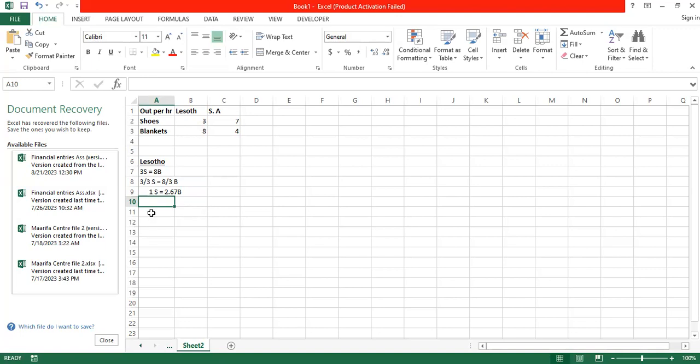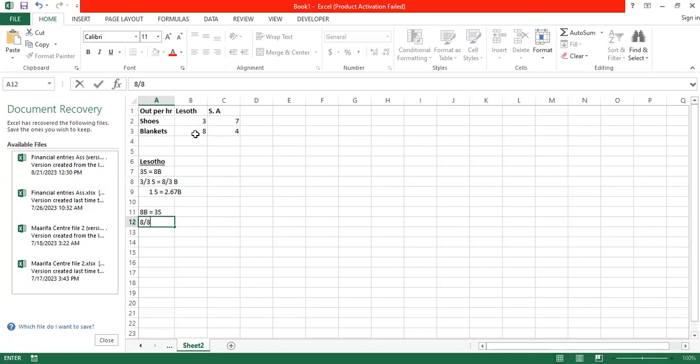Then while we are still in Lesotho, let's find the cost of one blanket. To find the cost of one blanket, 8B is equal to 3S. Now we are starting with B because we want 1B. We want to find the cost of one blanket.